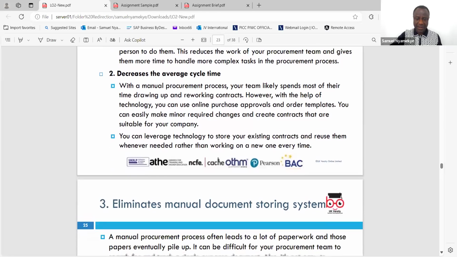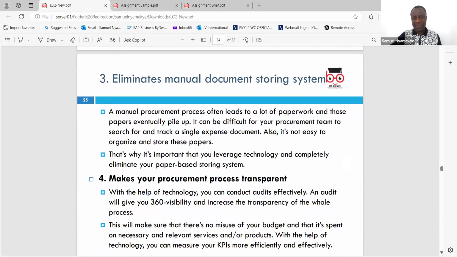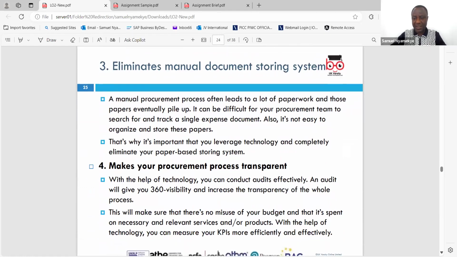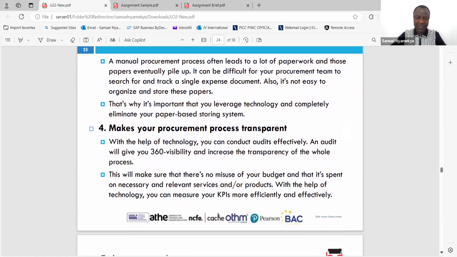So obviously we are saying that it eliminates all the manual work, and is complete, transparent, and helps with auditing, for you to know the number of quotations that we received, the quotations that we've made the whole month.